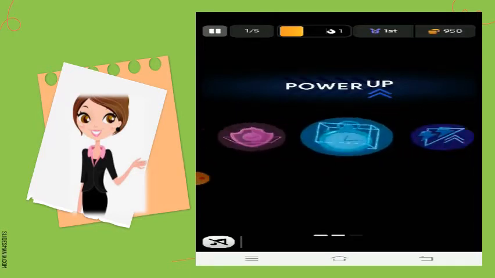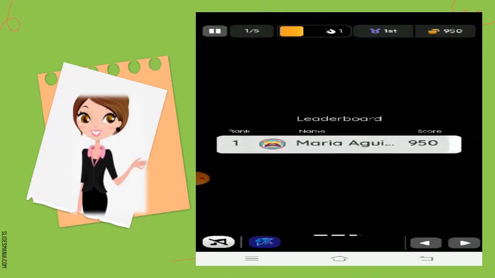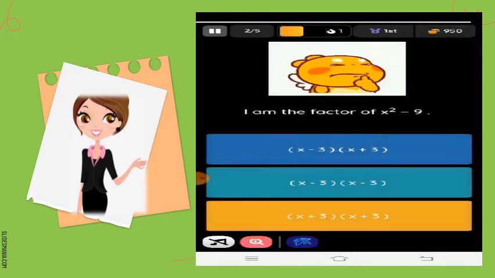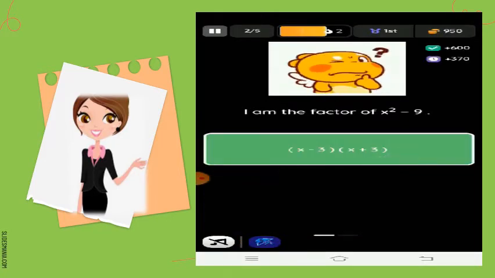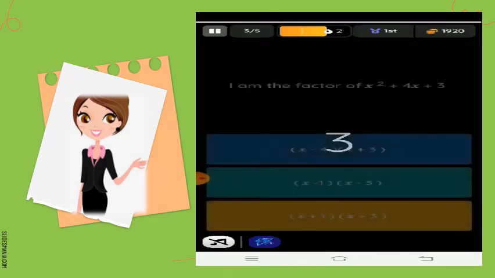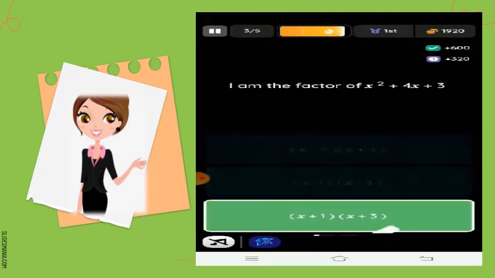Then number 2. There you can see the little board there, the scores. I am the factor of x squared negative 9. You have to choose your factor there. I am the factor of x squared plus 4x plus 3. And that's the answer.